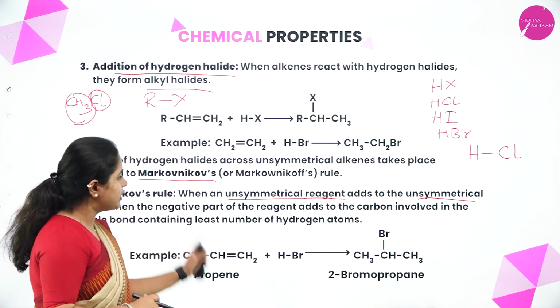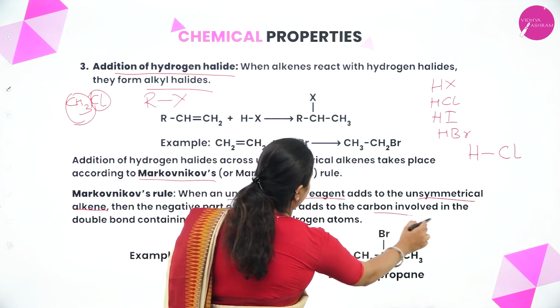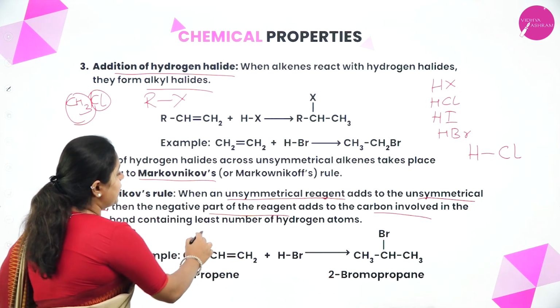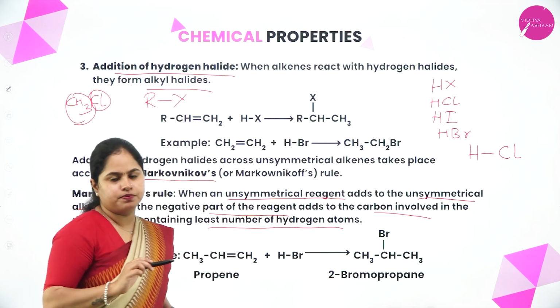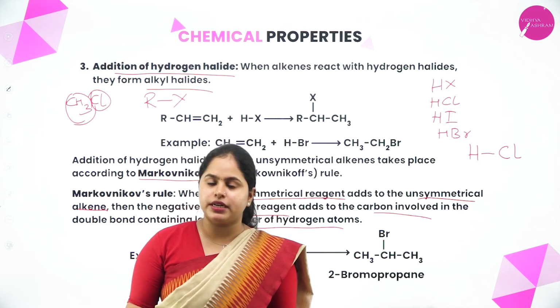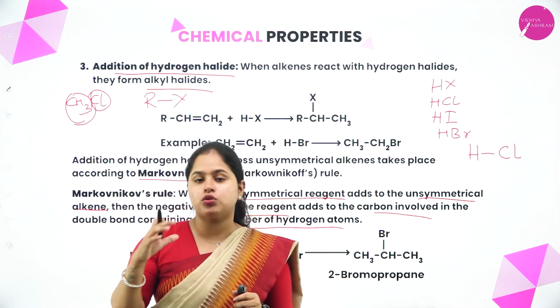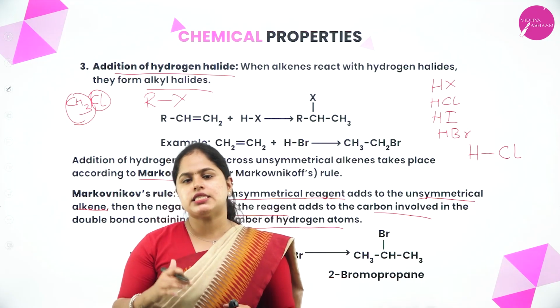So, then the negative part of the reagent adds to the carbon which contains less number of hydrogen atoms. That means if you are adding a reagent to an unsymmetrical alkene, the negative part of the reagent will get attached to the carbon atom which is having less number of hydrogens.